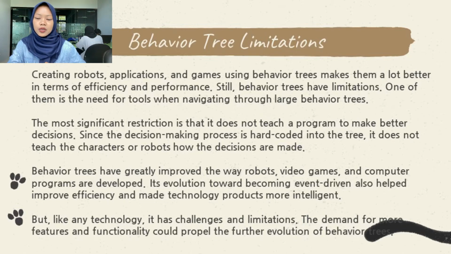Its evolution toward becoming event-driven also helped improve efficiency and made technology products more intelligent. But like any technology, it has challenges and limitations. The demand for more features and functionality could propel the further evolution of behavior trees.